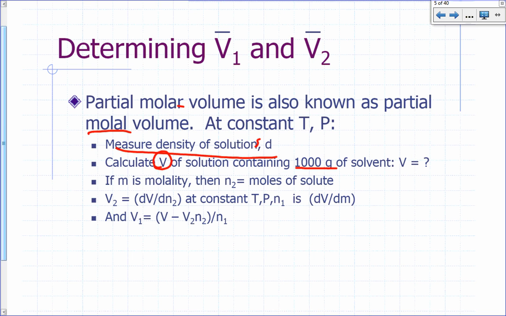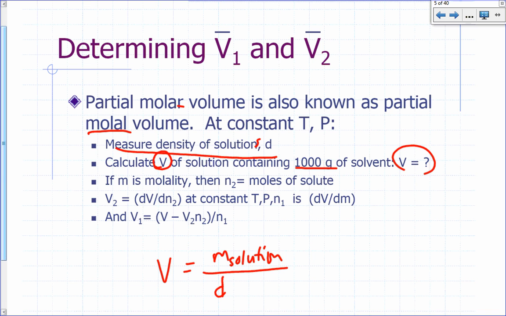We can treat, for example, water as our solvent. So what would be the volume based on the density? The volume would be the mass of your solution divided by the density of the solution.